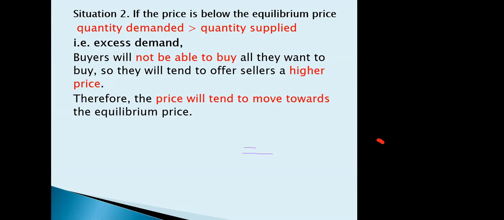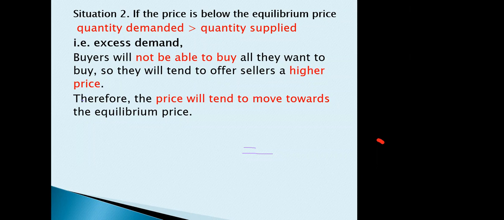Okay, here buyers will not be able to buy all they want to buy. As much as they want to purchase is not available in the market, because there are so many manufacturers who don't want to sell the product at a lower price, so they have kept it in store. So supply is not available in the market. If that much supply is not available, then automatically, if there is a shortage of demand, the prices automatically rise. So buyers will not be able to buy all they want to buy, so they will tend to offer sellers a higher price.